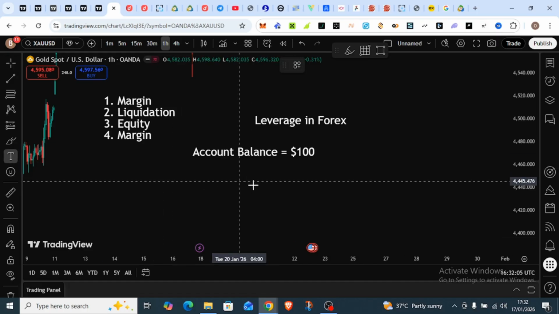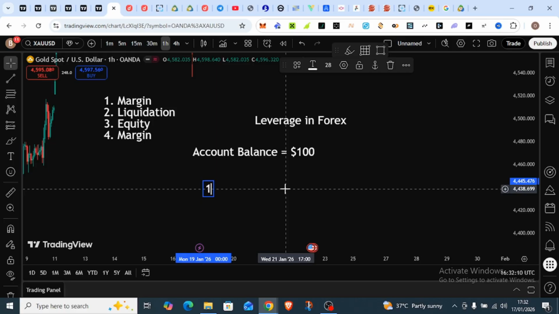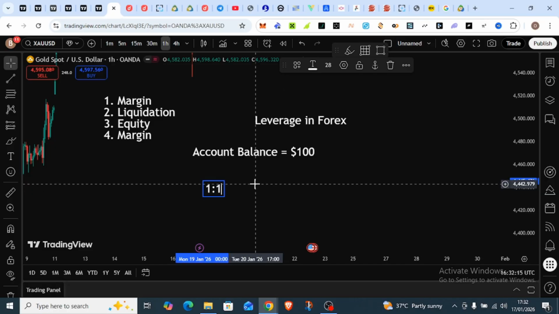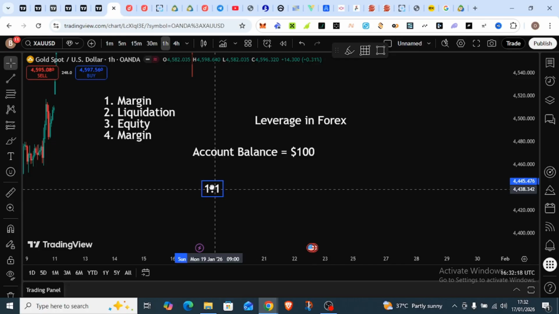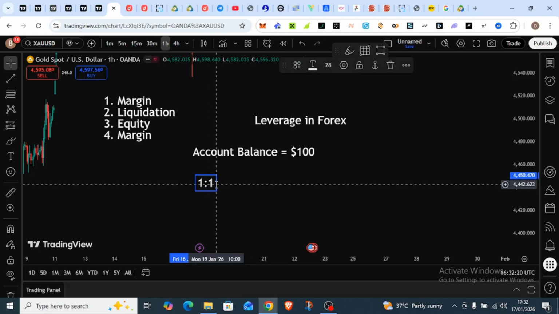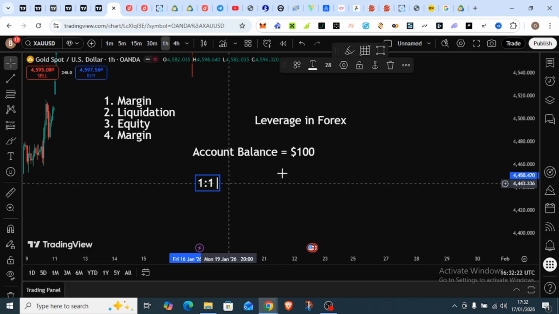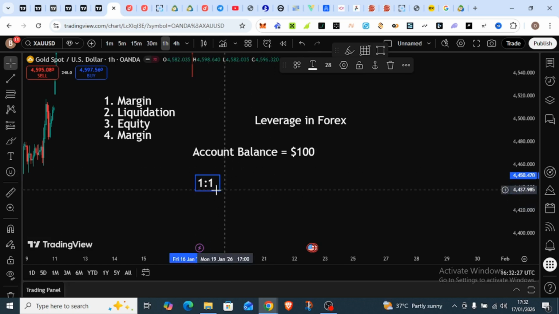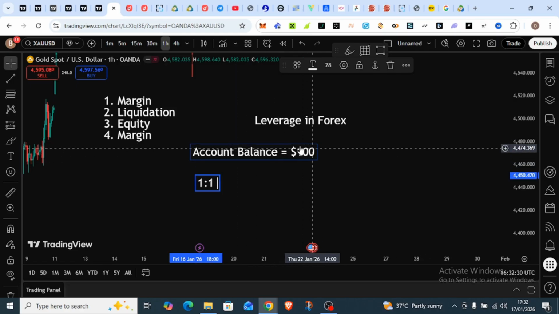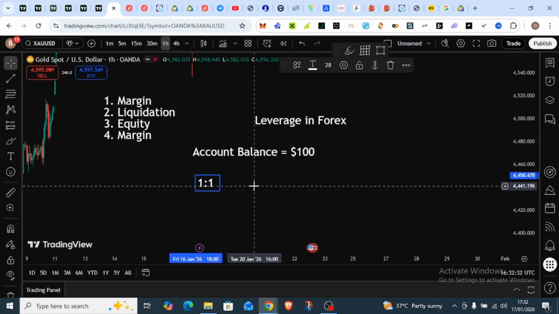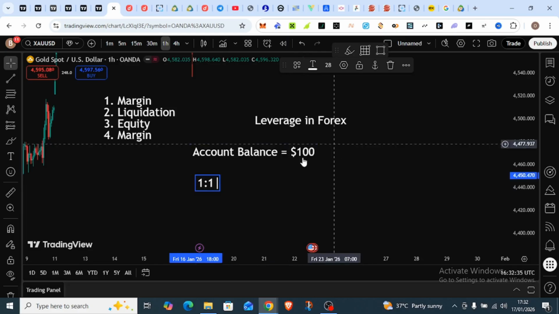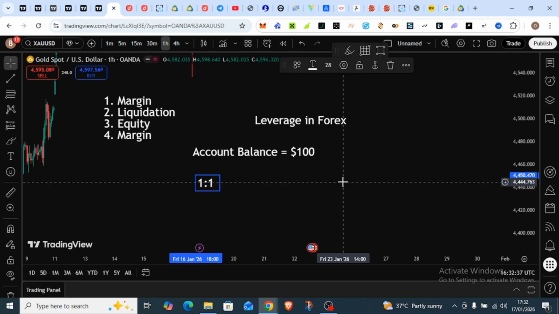Let me list some available leverage. We have 1:1. If you open your trading account and choose leverage of 1:1, what does this mean? It means that your account balance will be multiplied by 1 and you still have the same total of $100.